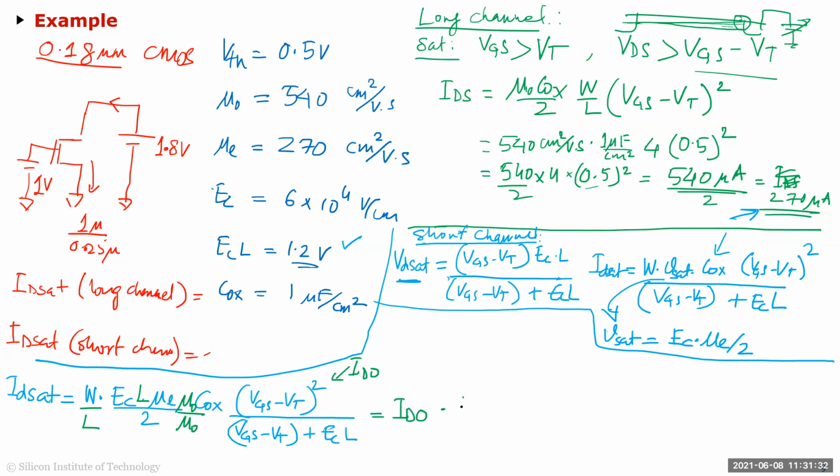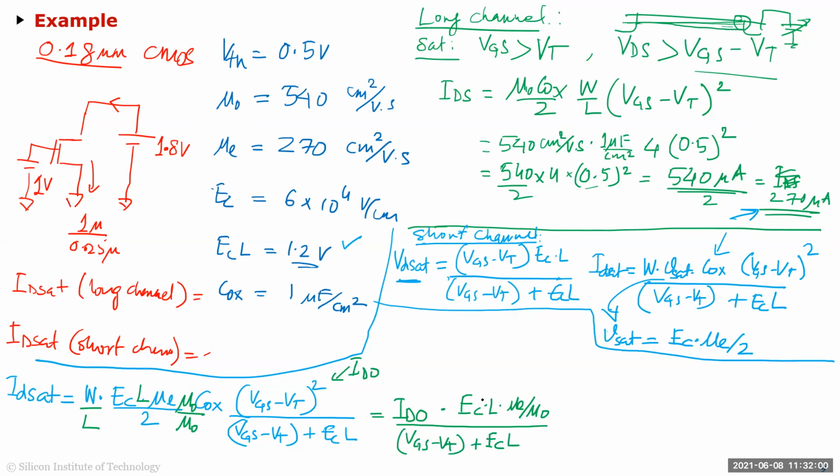I'm left with EC times L, and then the mu E over mu naught ratio, divided by VGS minus VT plus ECL, right?